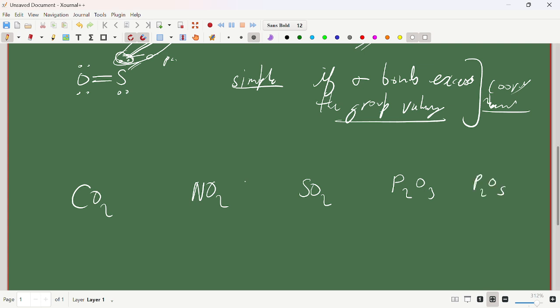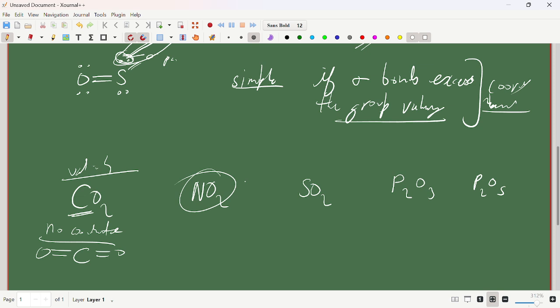Now, this is how it works. The number of bonds over here with carbon and oxygen are 4, and carbon's valency is equal to 4 as well. So it does not have a coordinate bond.